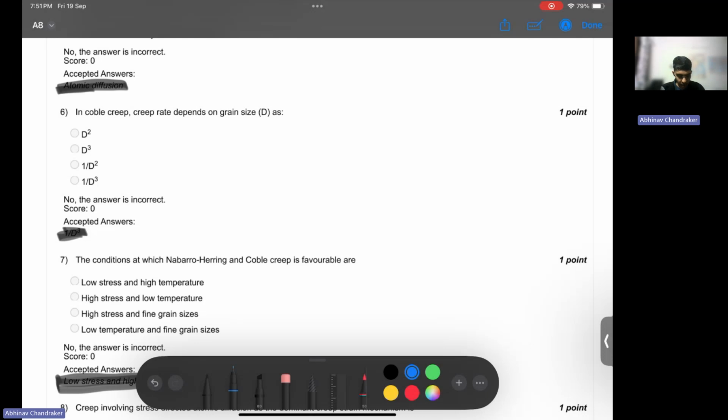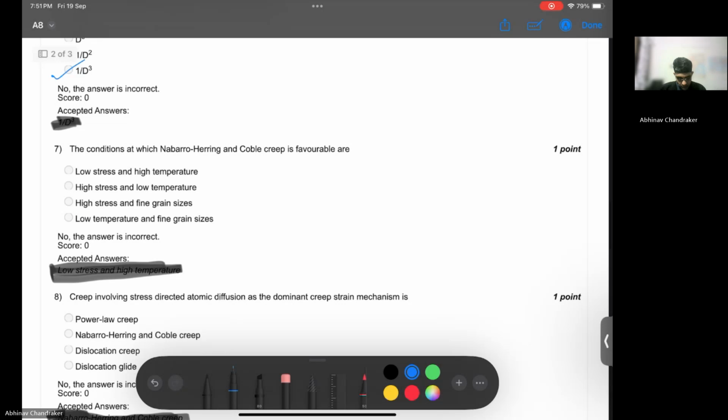So in this you have a cubic dependence, 1 by d cube. Larger the grains, smaller the creep rate because less grain boundary area is there and diffusion will have to take longer paths. So it's d cube.